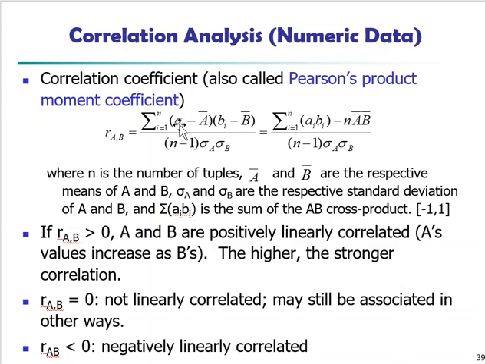Otherwise, if A is increasing at the same time B is decreasing, you're going to have a negative numerator. Therefore, your R value is going to be negative.